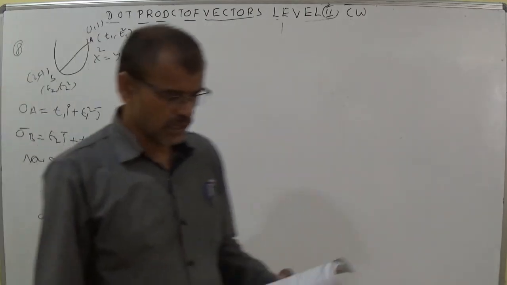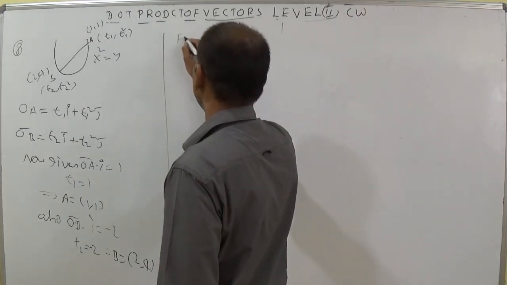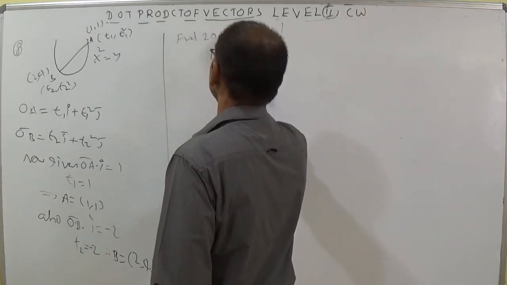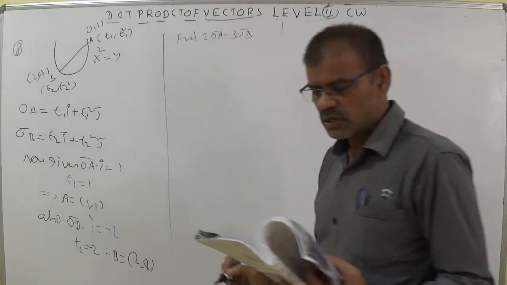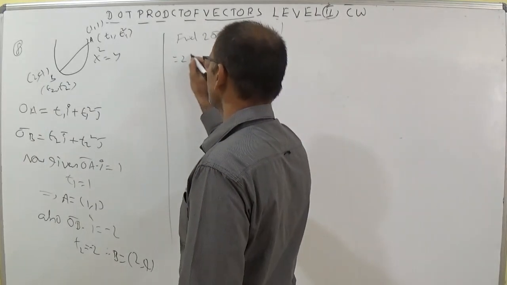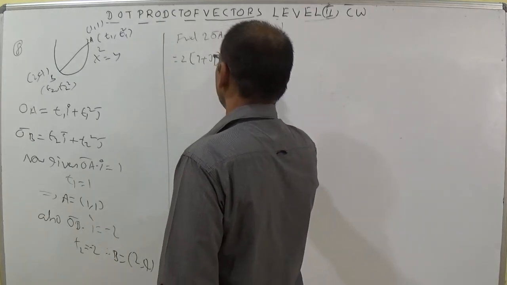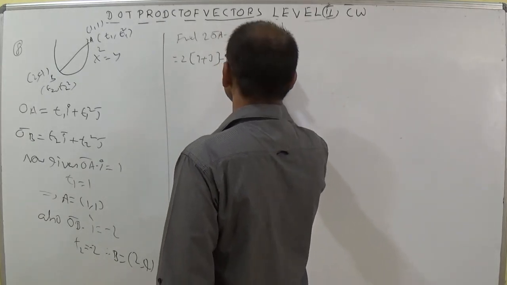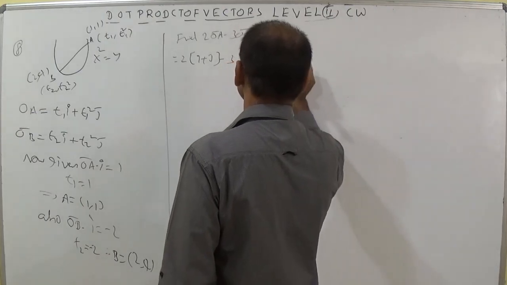Now what should we calculate? Now find 2OA bar minus 3OB bar. That too he has given as the component length. 2 into OA means i plus j, minus 3 into OB meaning 2i plus 4j.